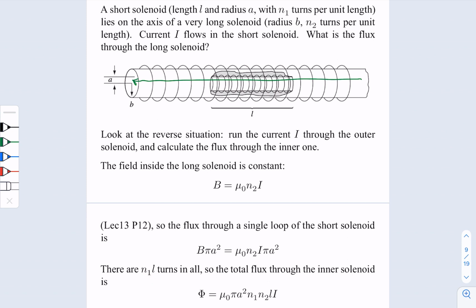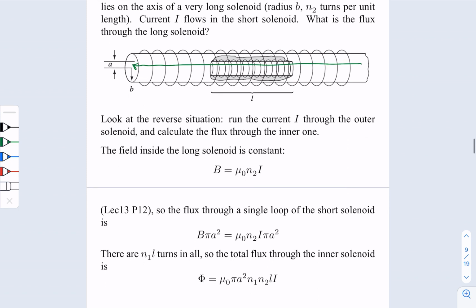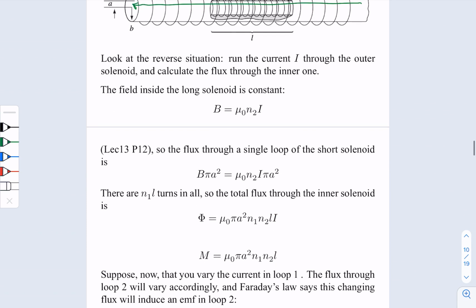So the total flux through the smaller solenoid is simply proportional to pi a squared, which is the area of that small solenoid, and N1 and N2, which are the wraps per unit length, times the small solenoid length and the current. So from that, we can immediately write down this mutual inductance, which is the term here, excluding the current.